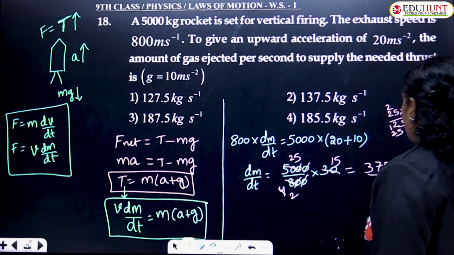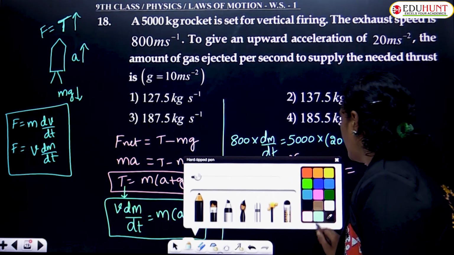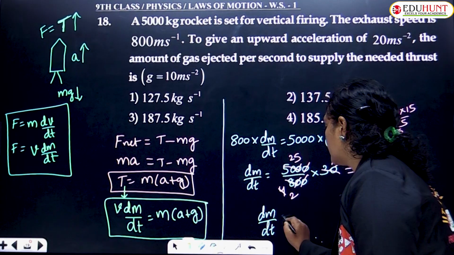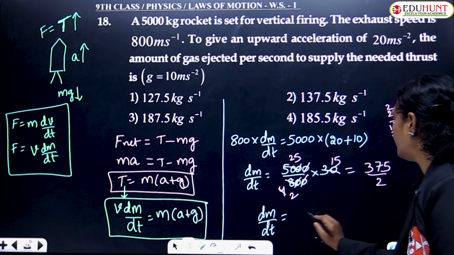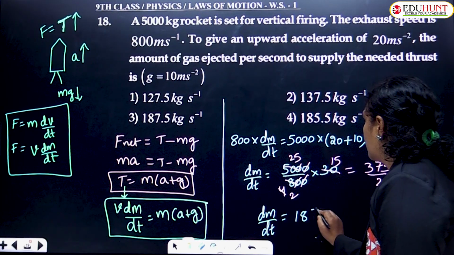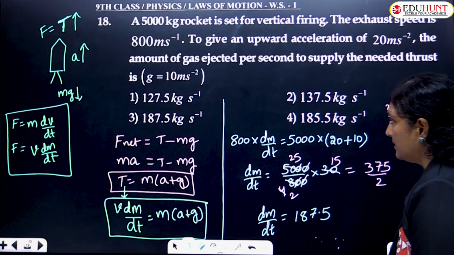375 upon 2. How much is that? Hence the value of dm by dt is equal to 375 upon 2, which is 187.5 mass per time.